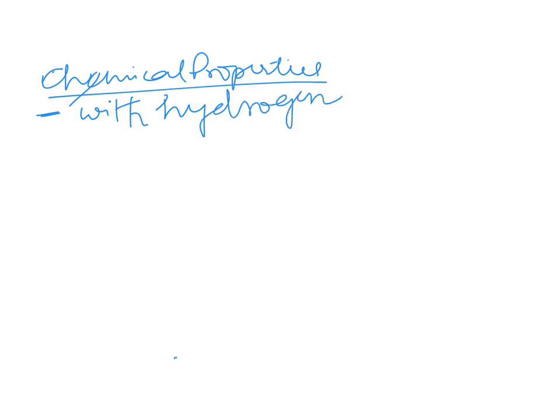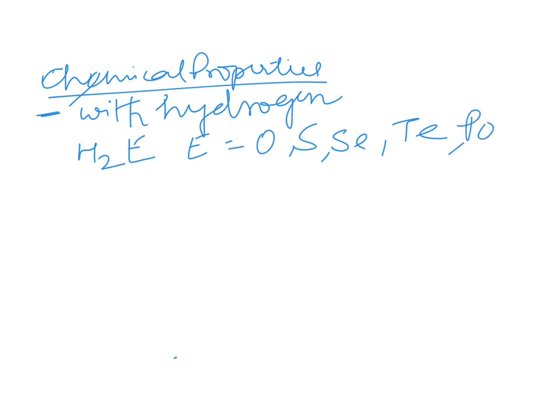So the compounds that it forms are like H2E, where E is equal to oxygen, sulfur, selenium, tellurium and polonium. So it will form H2O, H2S, H2Se, then H2Te and then H2Po.